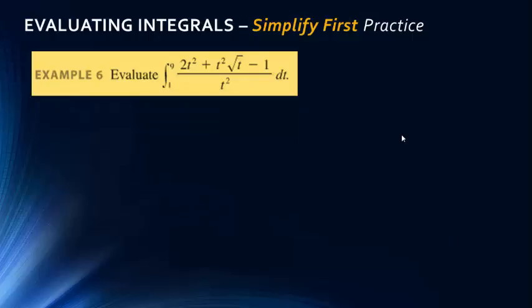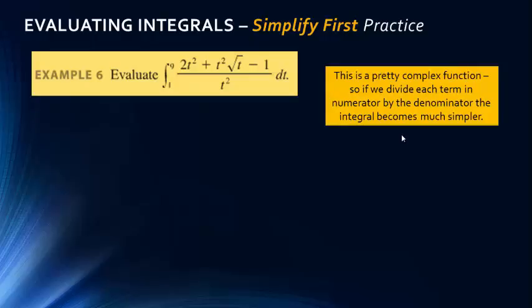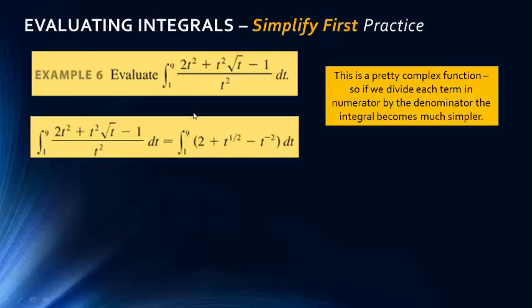Okay. So here's an example of what looks like a really complicated formula. It's often good to see if you can simplify the integrand first, and this one's quite easy to simplify. Notice that since there's only one term in the denominator, if we divide each term in the numerator by that t squared, we get a much simpler formula.